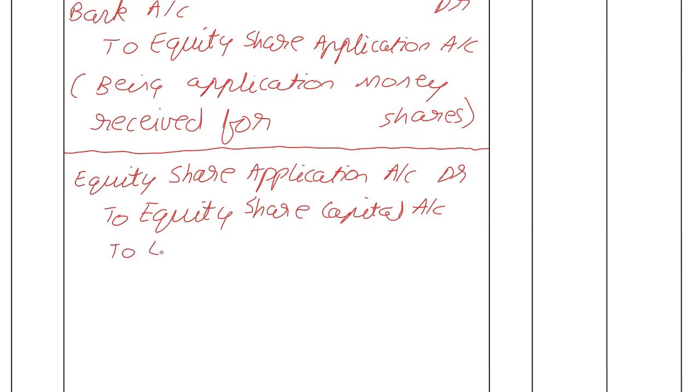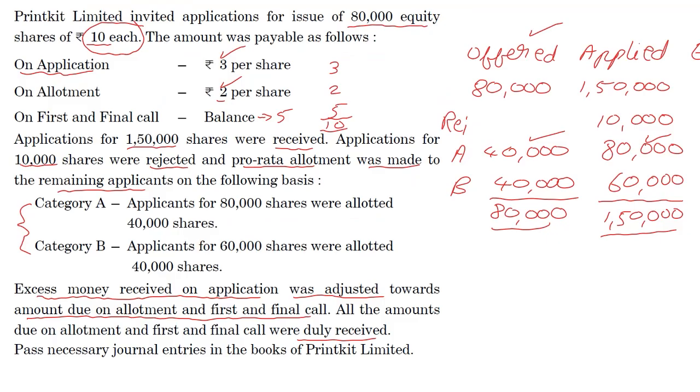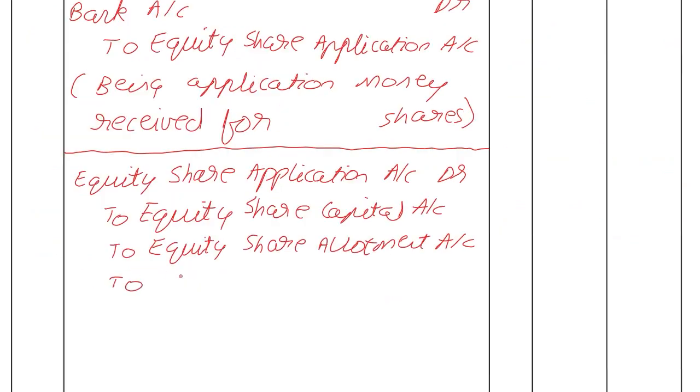We credit the equity share allotment account directly. Then the amount that will go to any subsequent calls, for example, the first and final call in our case, that will be calls in advance. So to calls in advance account, and then to bank account.